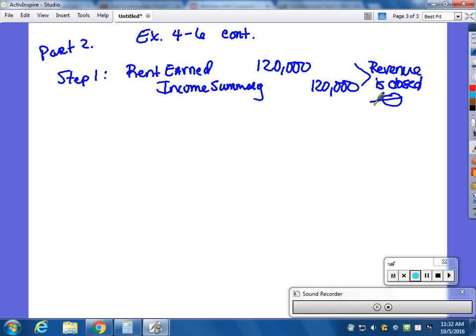Step two, close out expenses to income summary. So we debit income summary and credit the expenses. What are your expenses?